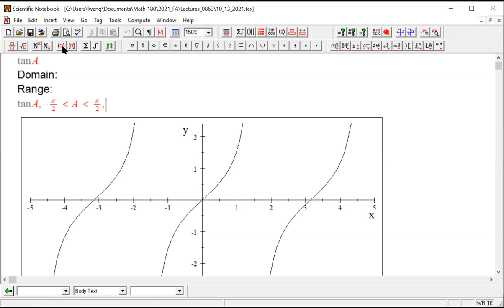This interval, between negative pi over 2 and pi over 2, does not include the endpoints. So it's exclusive. Okay, so let's go back. This is the slice of our choice. But if we look at all the slices, what is the domain? How come I don't get an answer for that?